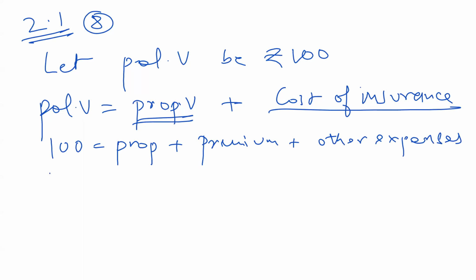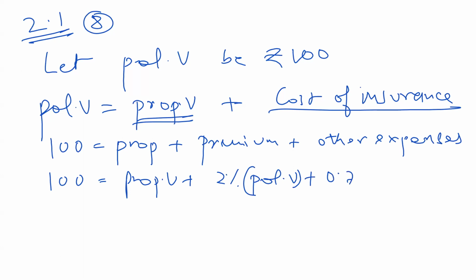Premium is nothing but 2% of policy value and this is 0.75% of policy value. Both the percentages are given in the problem.